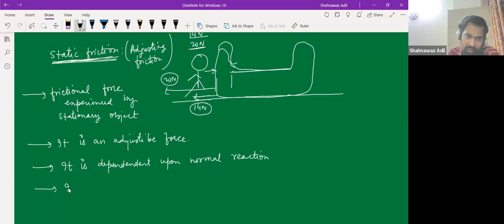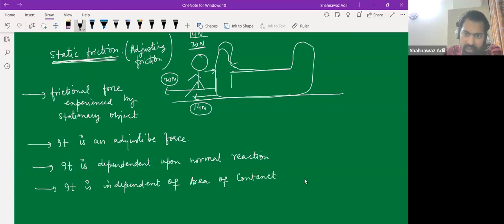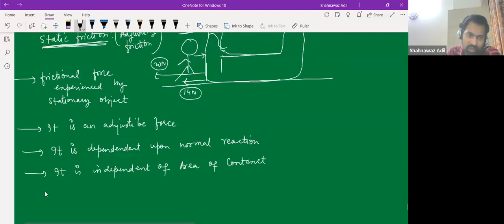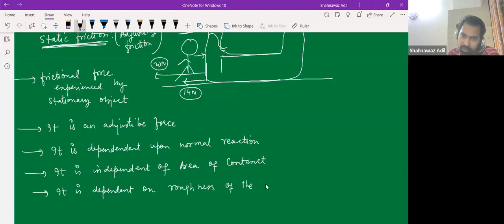And it is independent of area of contact. And it is dependent on roughness of the surface.